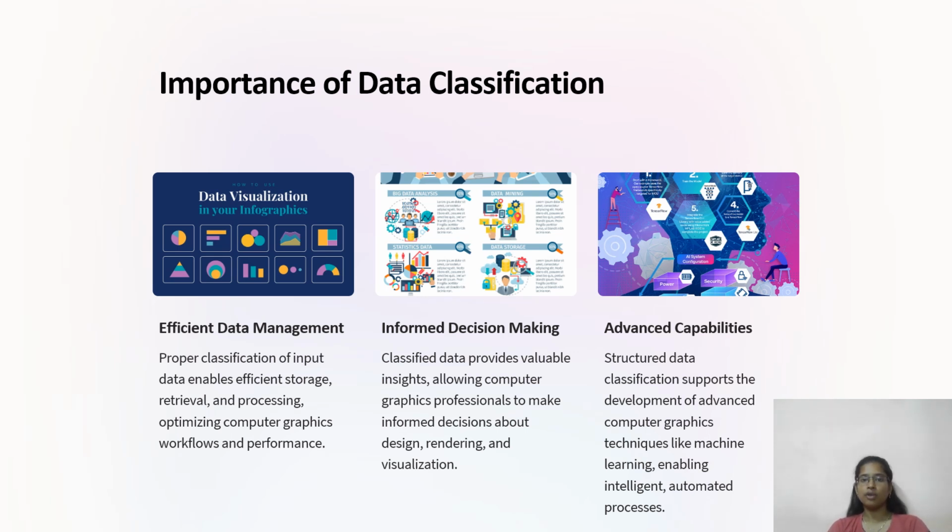Informed decision making provides valuable insights and helps make informed decisions about design, rendering, and visualization. Advanced capabilities: structured data classification supports the development of advanced computer graphics techniques, including machine learning, enabling intelligent and automated processes.